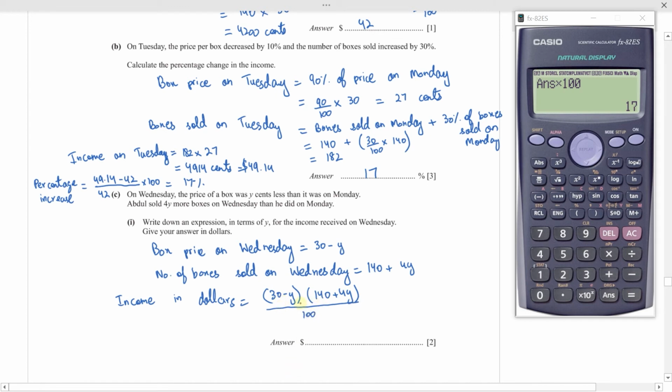If you want, you can open up the bracket in the numerator as well, but this is a good enough answer. So you can write it directly as it is: 30 minus y into 140 plus 4y, divided by 100. So this is an expression in terms of y for the income he received on Wednesday.